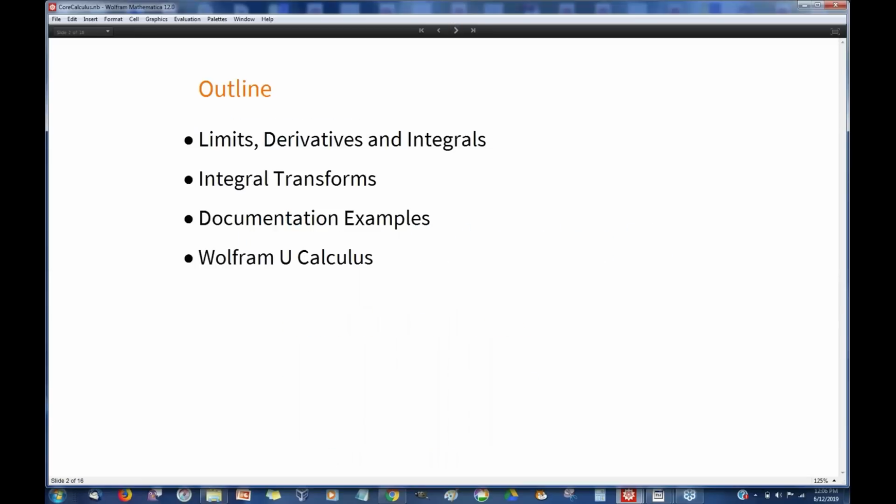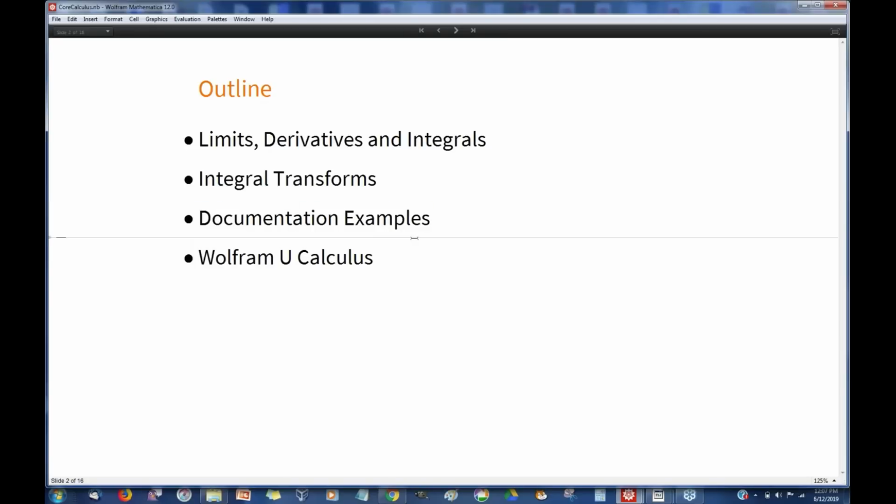And so to keep those in mind, when we talk about this seminar, first of all, we said, let's implement new algorithms for limits and integrals that will make them more powerful. We looked at integral transforms, which appear in image processing, for example, the Hankel transform and the Radon transform. We've added more than 5,000 documentation examples.